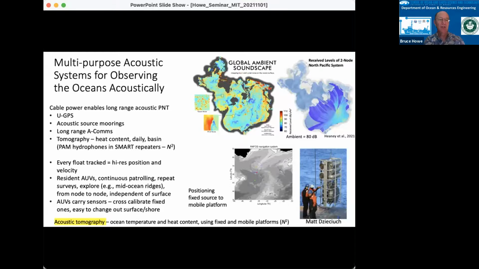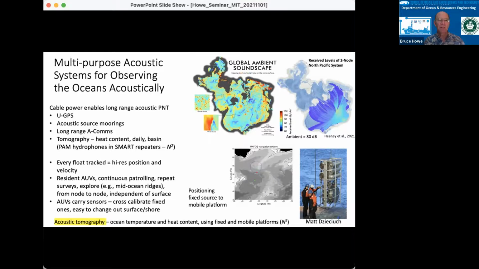Lastly, on acoustics, multi-purpose acoustic system. This is from Kevin Heaney, showing a map of the global ambient soundscape, and then what the sound level would be relative to this for adding two acoustic sources, one off Hawaii and one off the Pacific Northwest.